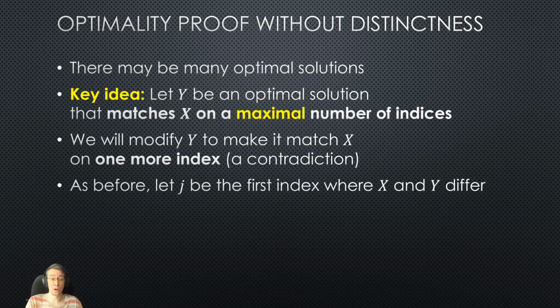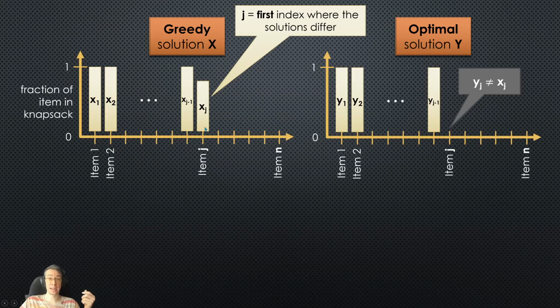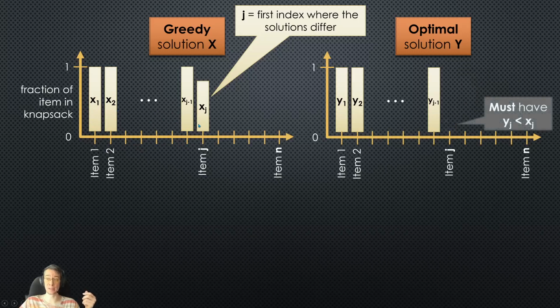So as before, we're going to let j be the first index where x and y differ. And they must differ because we're supposing for contradiction that x is not equal to y. So before index j, x and y take the exact same amounts of the exact same items, items 1 to j minus 1, and j is the first index where they differ.